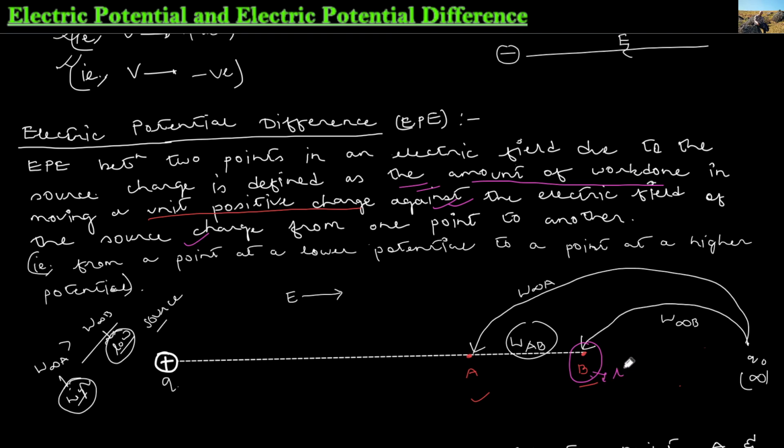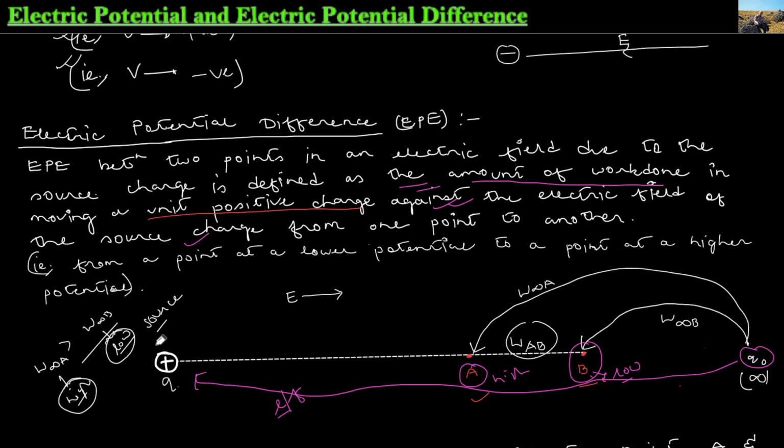B is said to be at a lower potential, and A is said to be at a higher potential, because when you move this charge very, very close to the source charge, there will be more electrostatic force, either of attraction or repulsion.